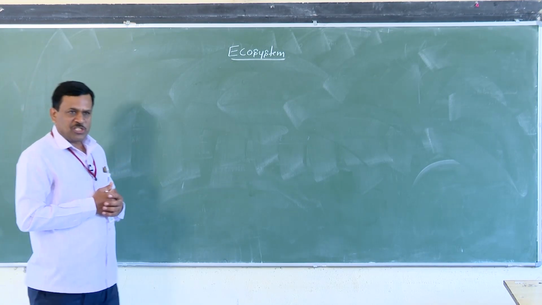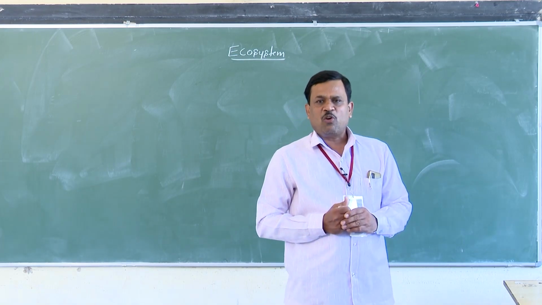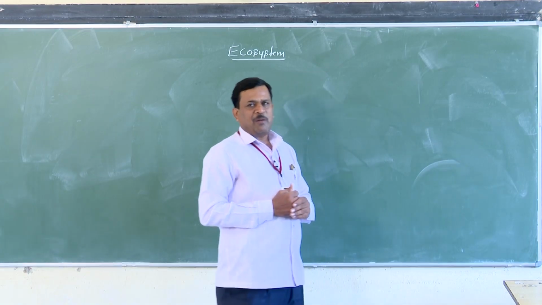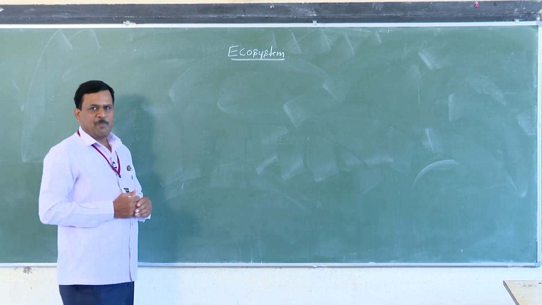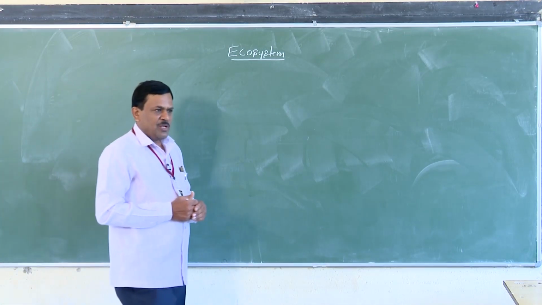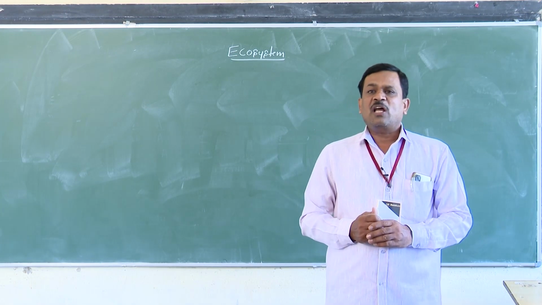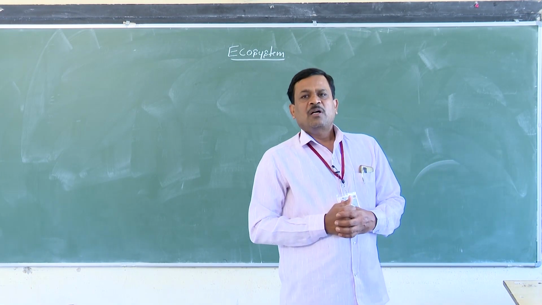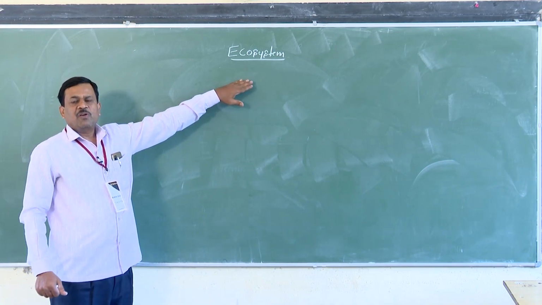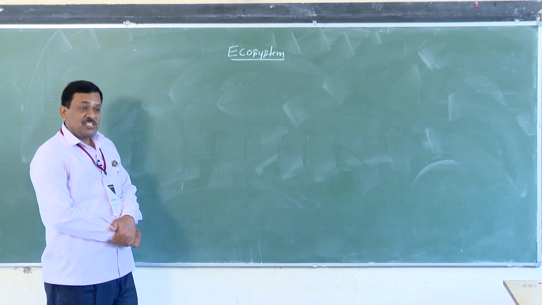Energy flow in the ecosystems. Next one is very important: trophic levels. Different types of the trophic levels. Ecological pyramids: pyramid of number, pyramid of biomass, pyramid of energy. Next one is energy flow in the ecosystem. Next, different types of the food chain, food web, etc. And also ecological succession.